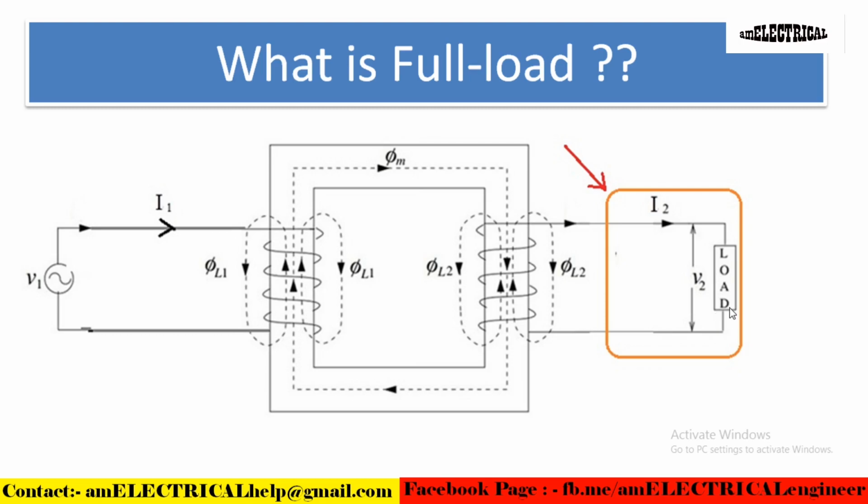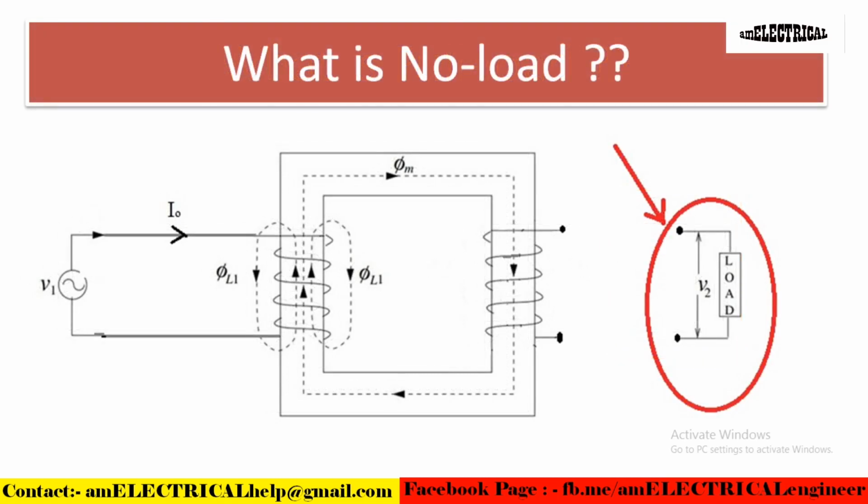And if it is connected with its 100% capacity, then it is called full load condition. If the transformer secondary is open circuited, that means no load is connected over the secondary winding, then it is called no load condition.